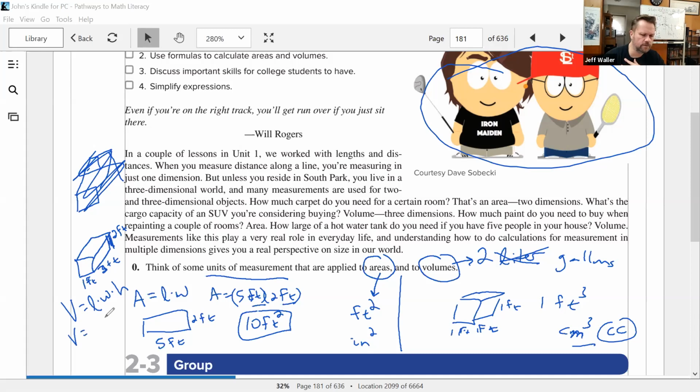What's 1 times 3 times 2? 6. And what's foot times foot times foot? Foot cubed.